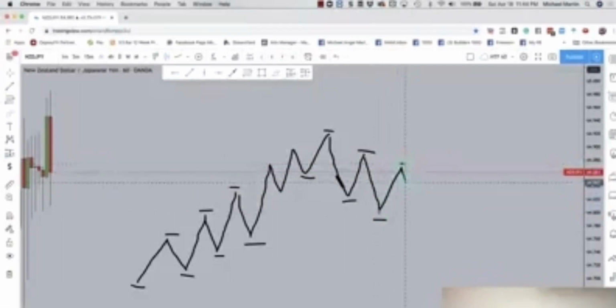Create a lower high, go down and create another lower low. So now it's respecting the highs and disrespecting the lows. It keeps breaking the lows, and that's trending down.